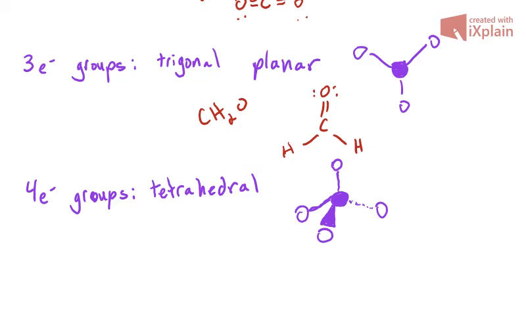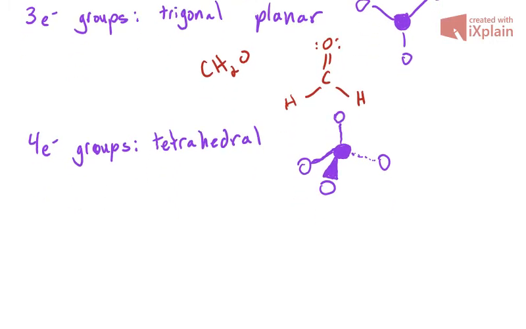Okay. Example of this one: methane, CH4. Its Lewis dot structure would look like this.